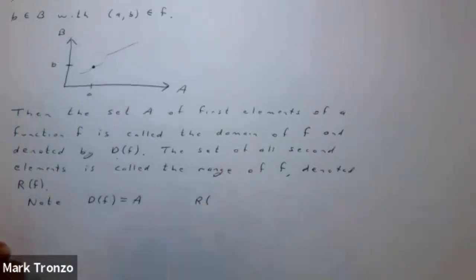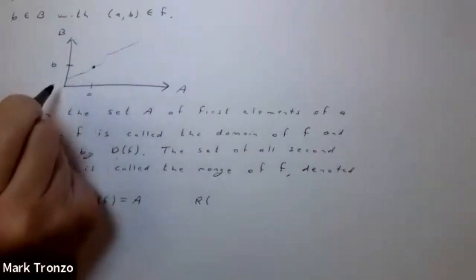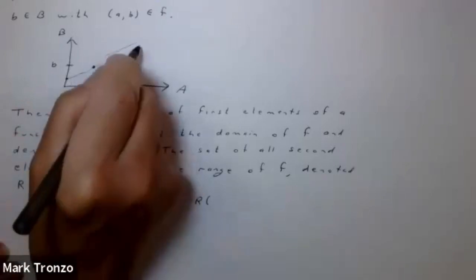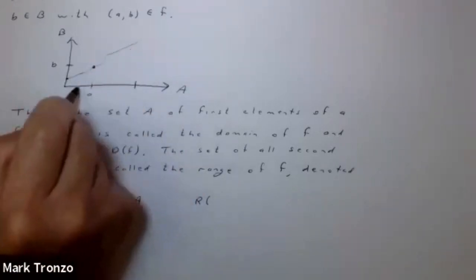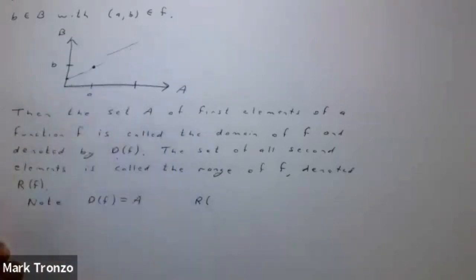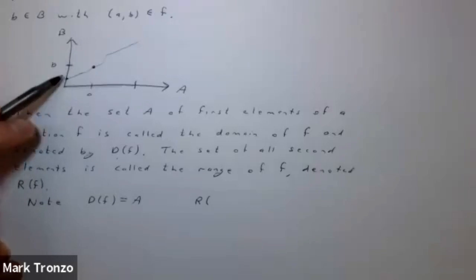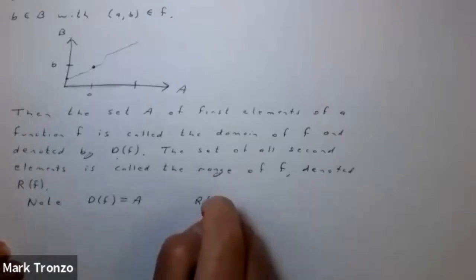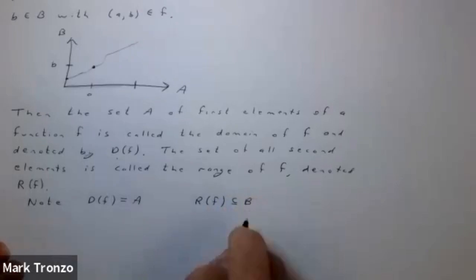In other words, let's say your domain went from here over to here, and this was your domain A. If you're calling this whole thing B, you'll notice it won't necessarily get these values down here for B. So the range will usually be a subset of B.